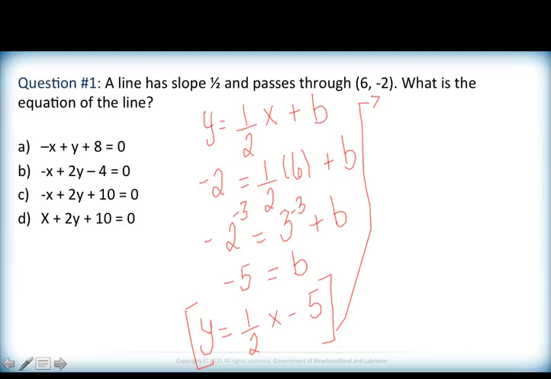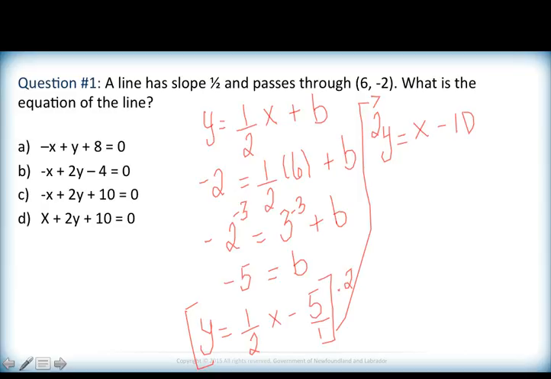So we have between 2 and 1. So we're going to have a denominator of 2 here. Therefore we're going to multiply all terms by a factor of 2. 2 times y will give us 2y. 1/2 times 2 will just give us 1x. -5 times 2 will give us -10.